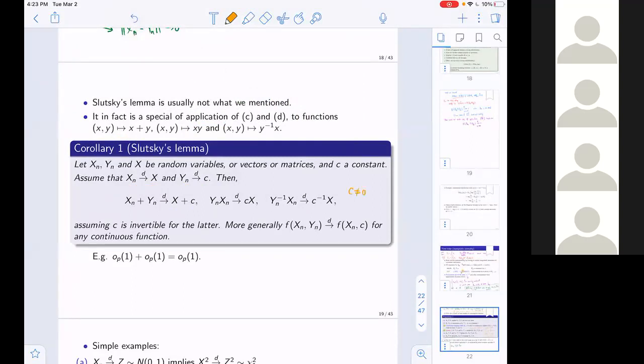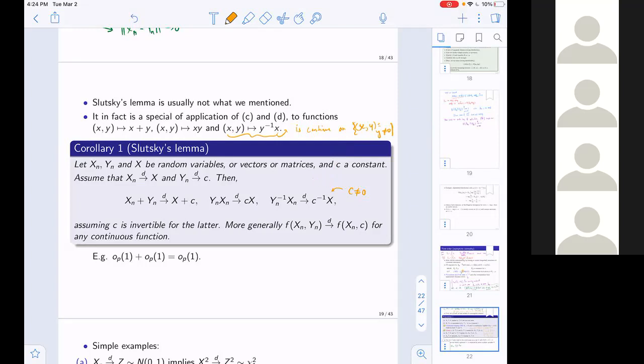The function is continuous on the set of all x, y such that y is not equal to 0. If c is non-zero, then with probability 1 the random variable in the limit lies in the space on which the function is continuous. And so yeah, I'm good.